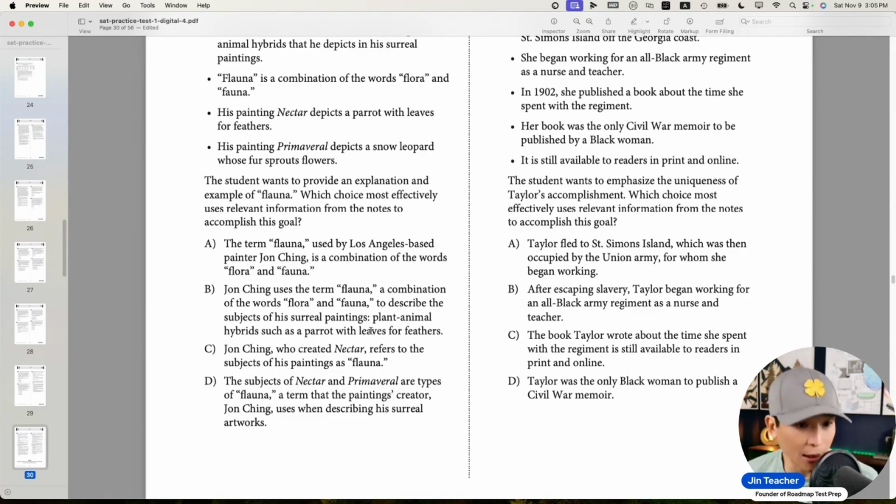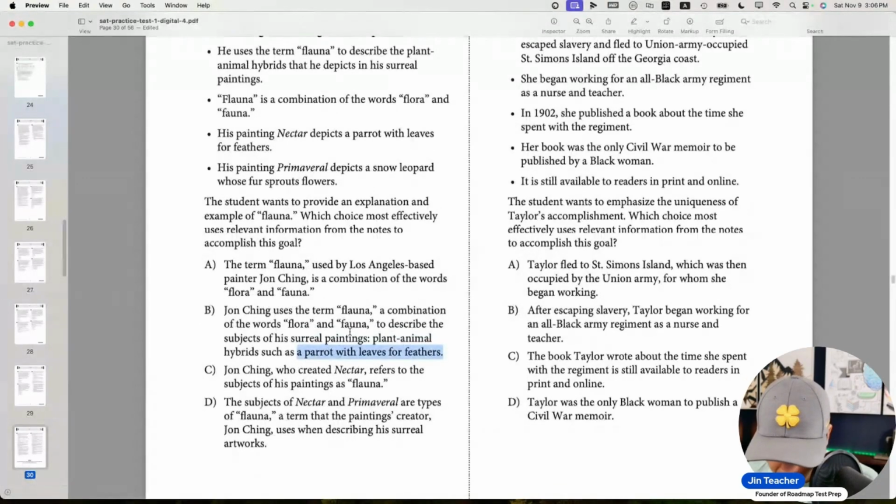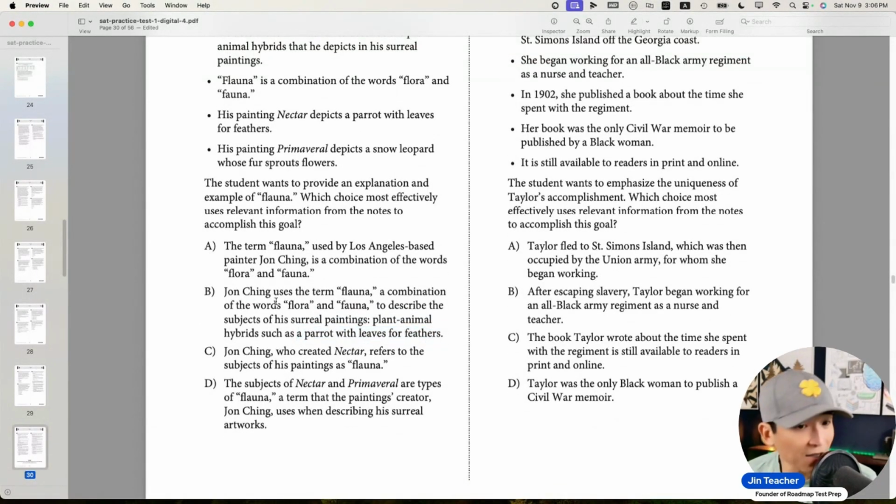Ooh, B looks pretty good. Why? Because we have both things, right? He uses the term fauna, and then the combination of the words flora and fauna is going to be your explanation. So he's providing the definition of what fauna is, and does he give you an example of it? Sure. He tells us about this parrot with leaves for feathers as a plant-animal hybrid. So B looks really good.